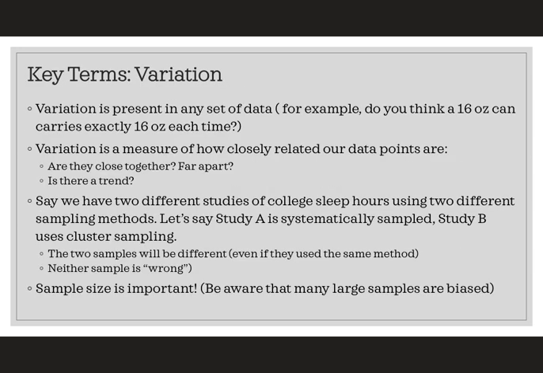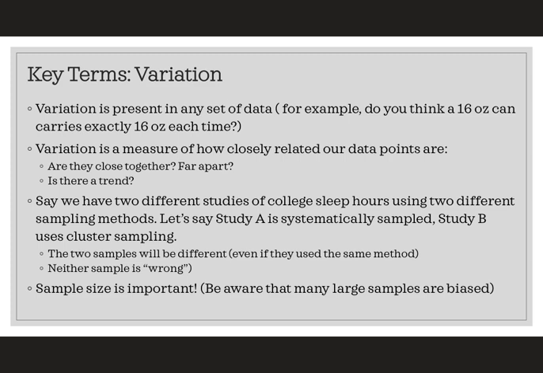All right, some more key terms. Variation. Variation in statistics is important. When we talk variation, we're talking about how spread out our data is, okay? If I'm making a 16-ounce can of vegetables to put on the shelf, is every single can going to have exactly 16 ounces?